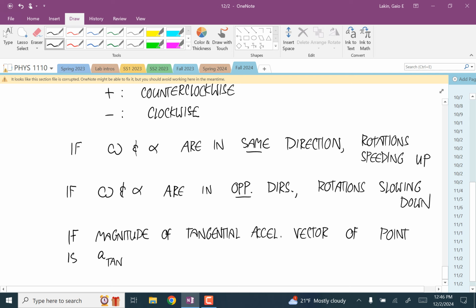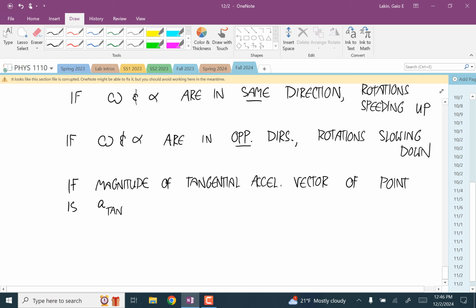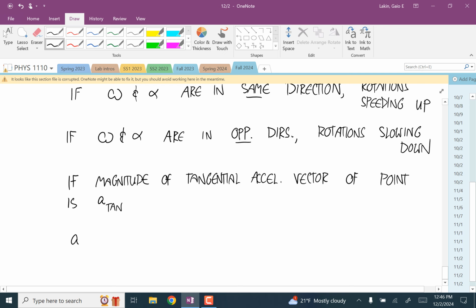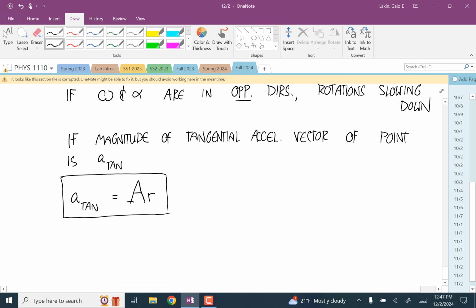a tan, that's what we've always been calling the magnitude of the tangential acceleration, then a tan is equal to, this is a capital alpha times r, where this capital alpha is the absolute value of the angular acceleration.